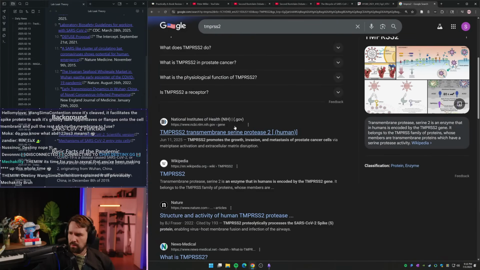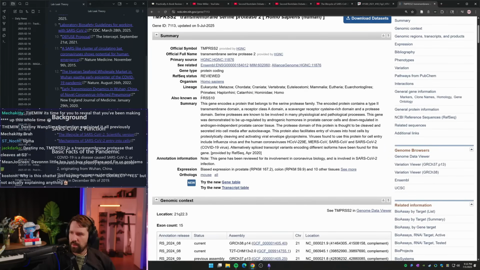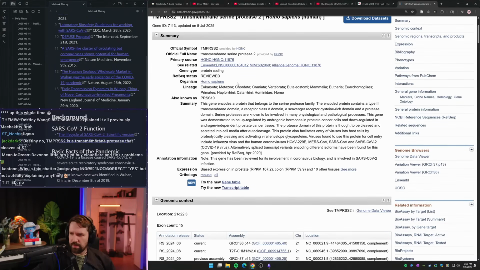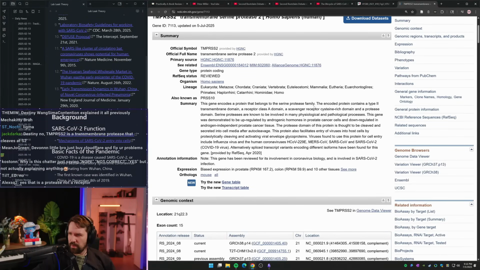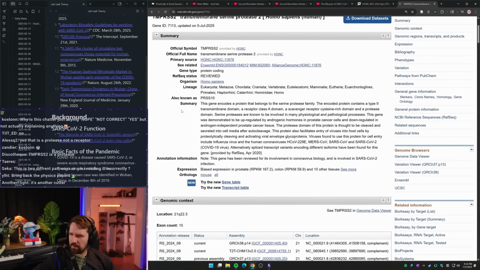Does this cleave stuff? Does it cut stuff up? This gene encodes a protein that belongs to the serine protease family. The encoded protein is a type 2 transmembrane domain, a receptor class A domain, a scavenger receptor, a protease domain. The protease domain of this protein is thought to be cleaved and secreted into cell media after autocleavage.